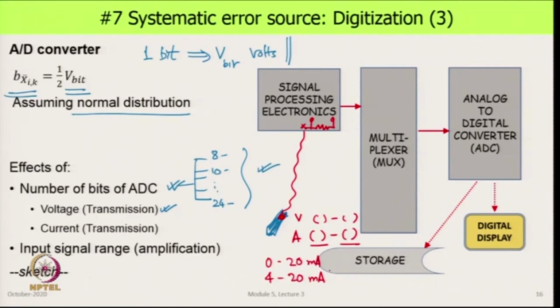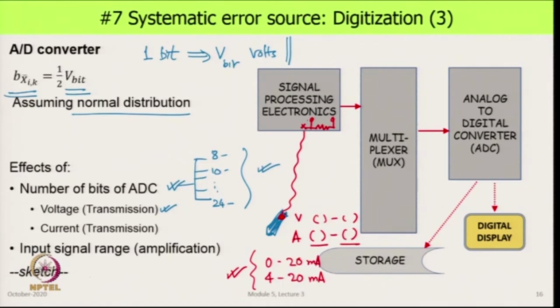That means, in this case, there is no attenuation of the signal on account of the transmission wire. So, that is what you will see when you look at instruments for process industry, or you want to buy an instrument. Invariably, it will say that the output is either 0 to 20 milliamperes or 4 to 20 milliamperes. So, we have to be able to interpret what that does for us and why it is done.